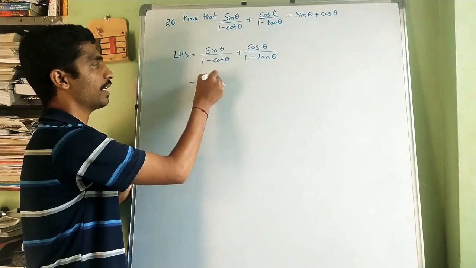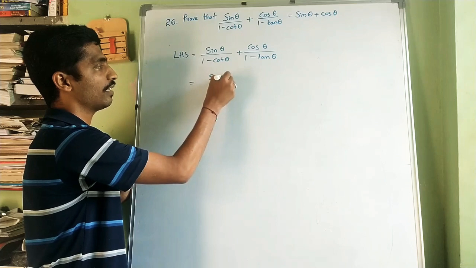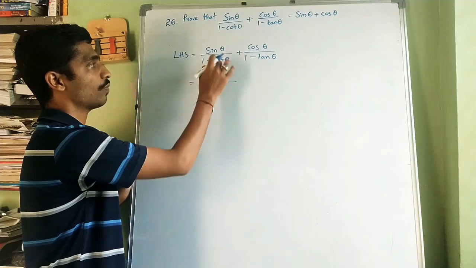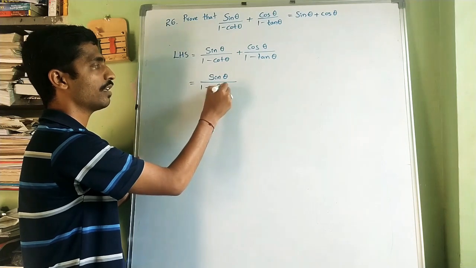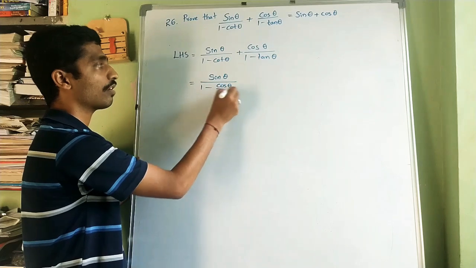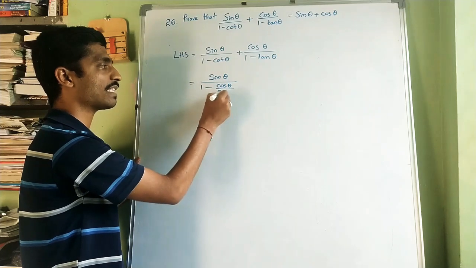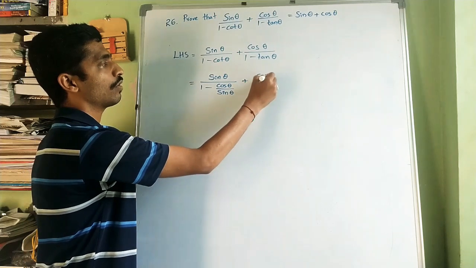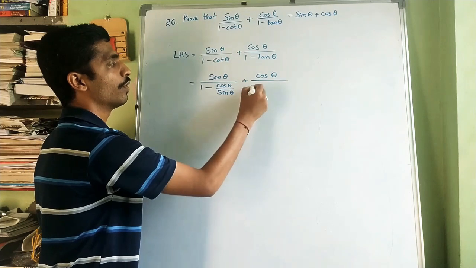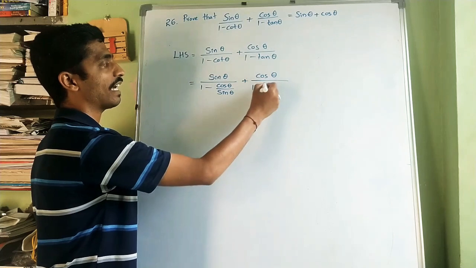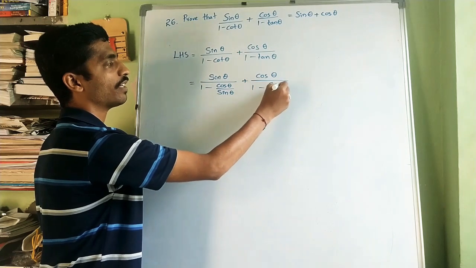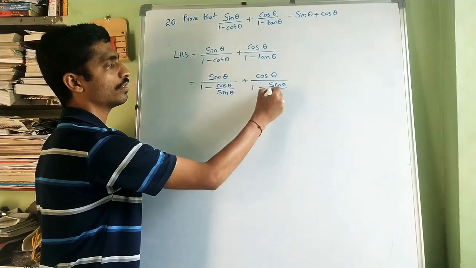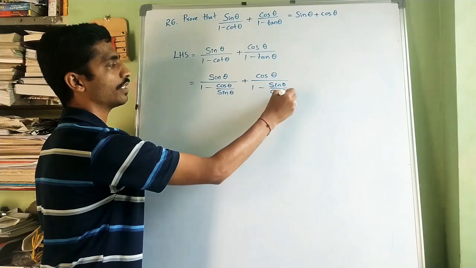So it becomes sin theta divided by 1 minus, what is cot theta? Cot is nothing but cos by sin. Cos by sin, plus cos theta divided by 1 minus tan theta. Tan means sin by cos, reverse of the cot. So sin theta by cos theta.